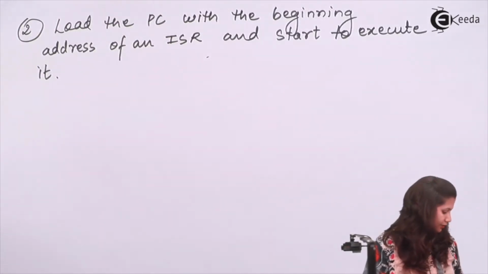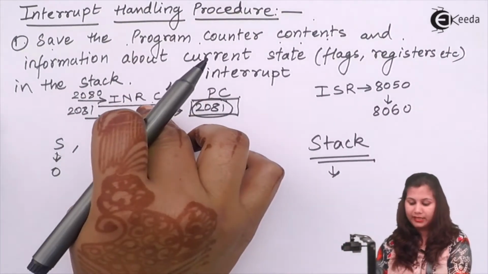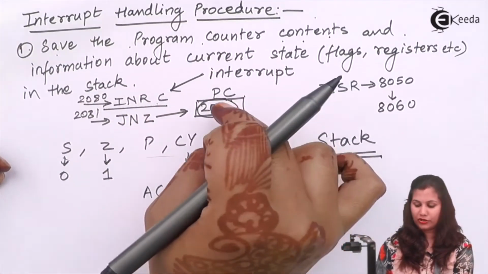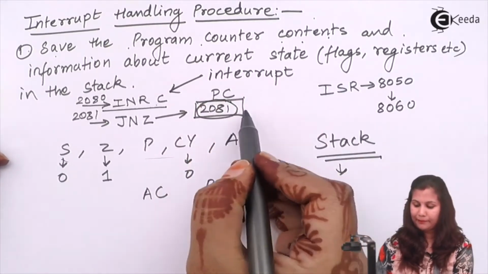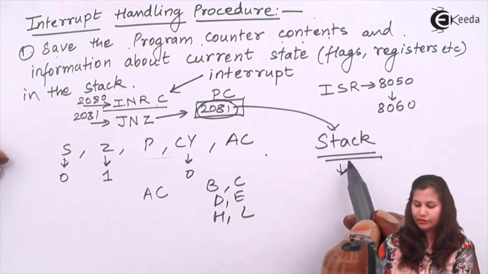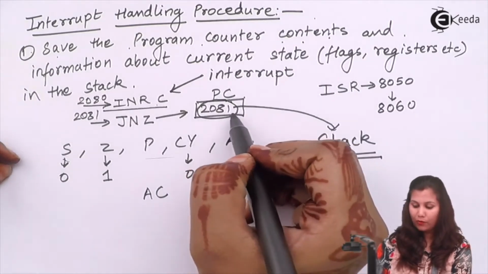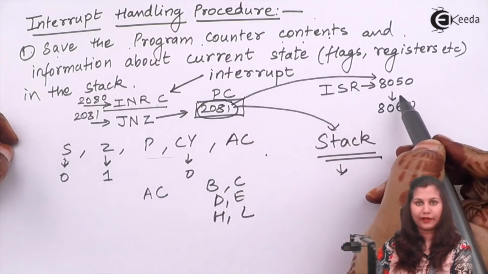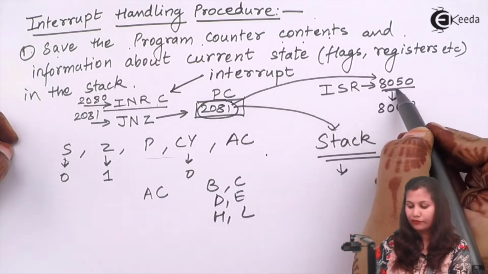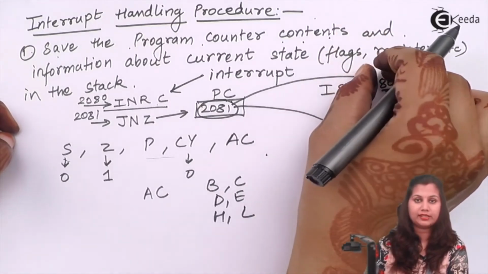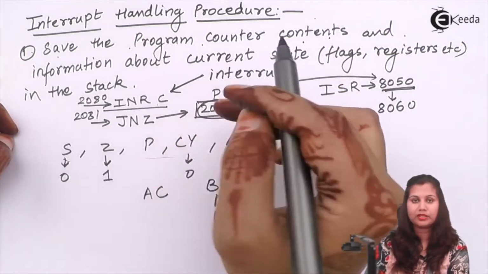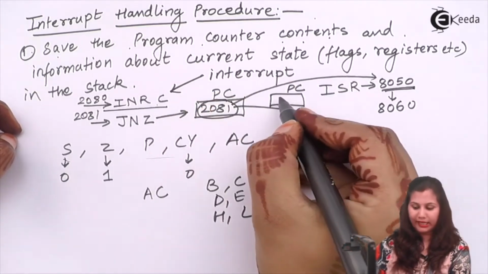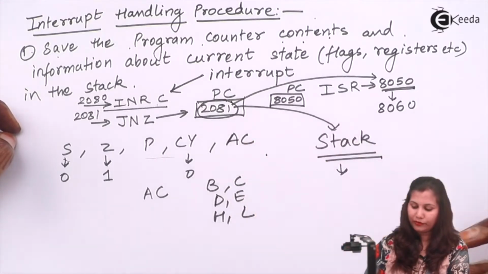At this step, the microprocessor is interrupted at INR C, and the address of the next instruction, which is in the program counter, is already stored in the stack. So now the microprocessor has to jump to memory location 8050. The address of the interrupt service routine comes into the program counter. So now the contents of the program counter in the second step will become 8050.